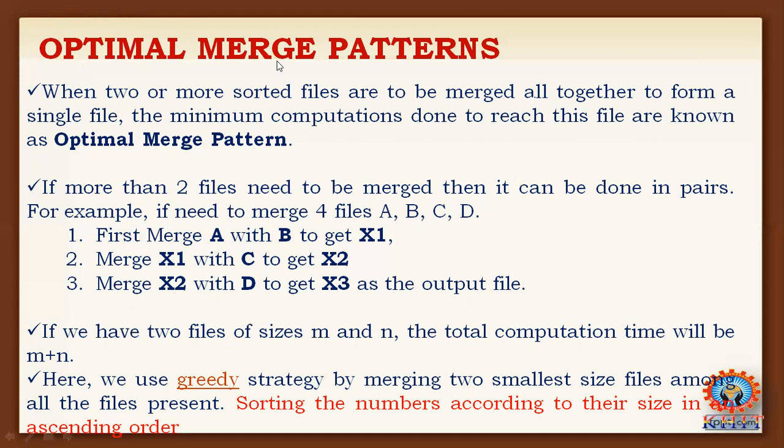Here, optimal merge pattern, in the sense, let us consider an example. Consider two sorted files. If you want to merge those two sorted files to form a single file, what is the minimum number of comparisons or computations required to merge those sorted files?